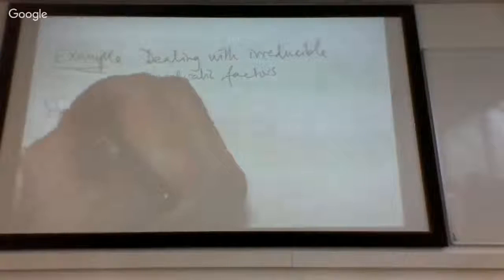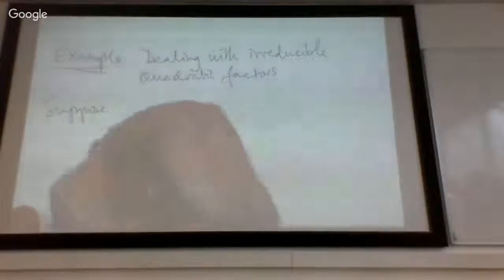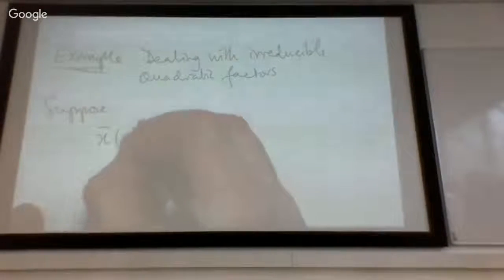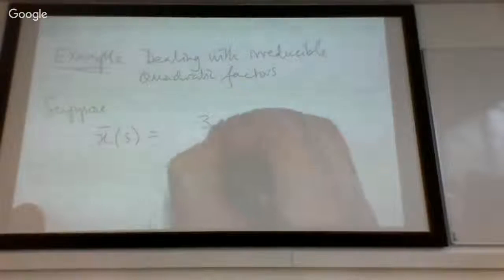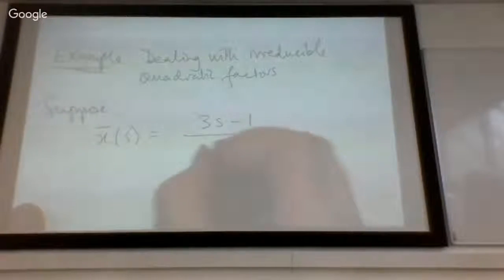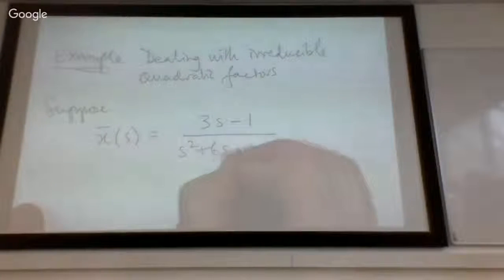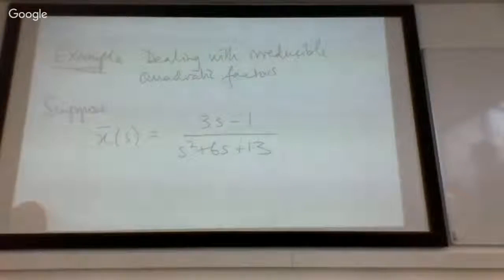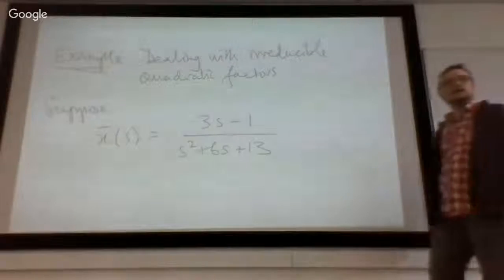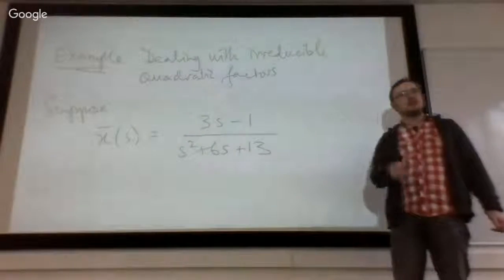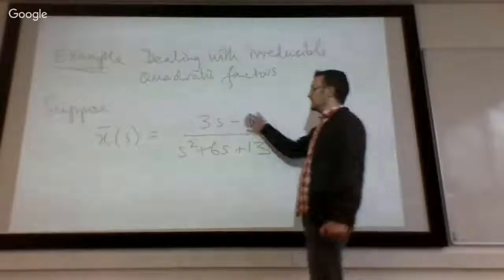So suppose x bar of s is this function, 3s minus 1 over s squared plus 6s plus 13. So this is something which you might encounter after you've done the partial fraction expansion. You might get a term like this.